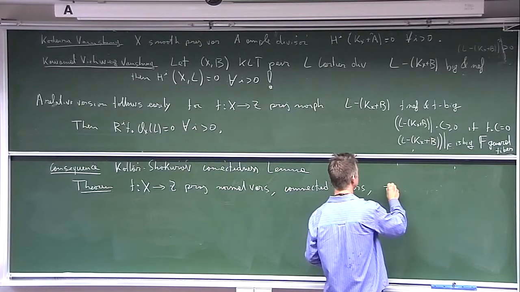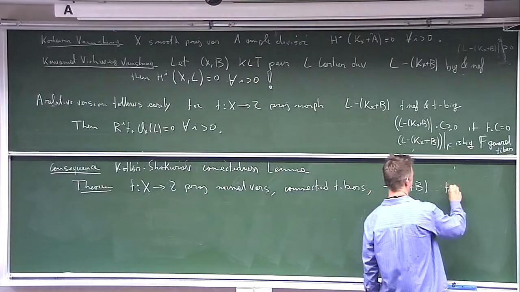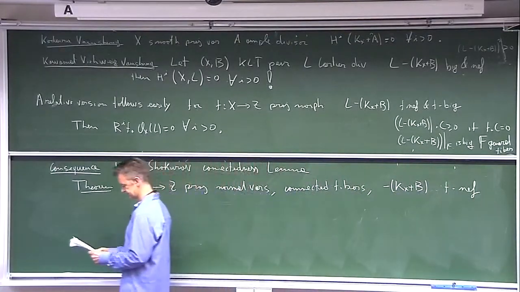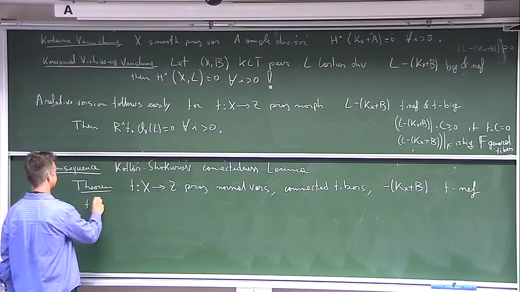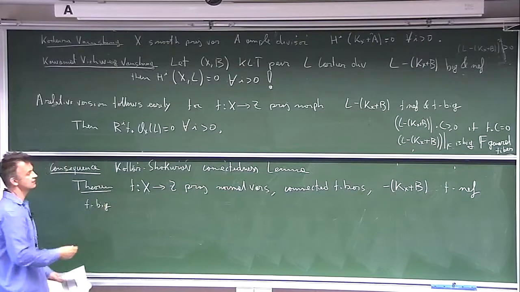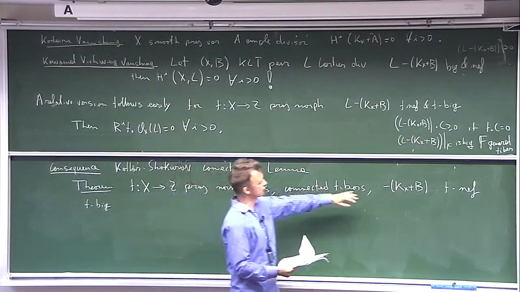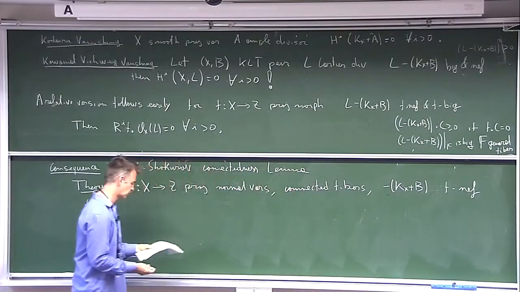And we're going to assume that minus (K_X plus B) is f-nef, relatively nef, and relatively big. This is sort of the wrong object, but it's reminiscent of Kawamata-Viehweg vanishing. You'll see in a second how we apply it.